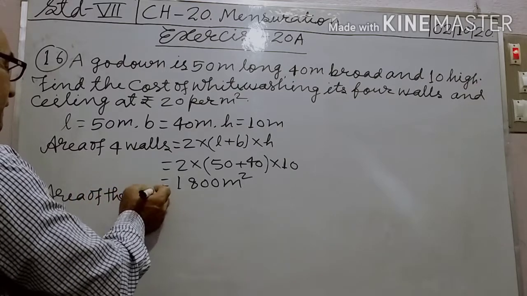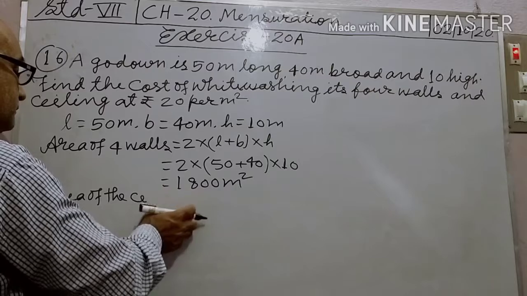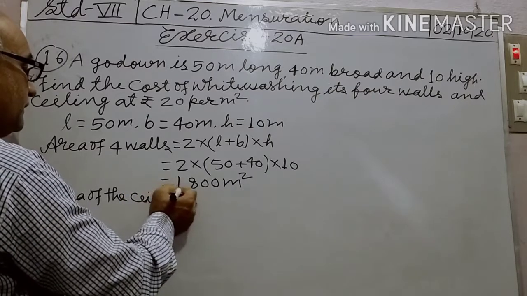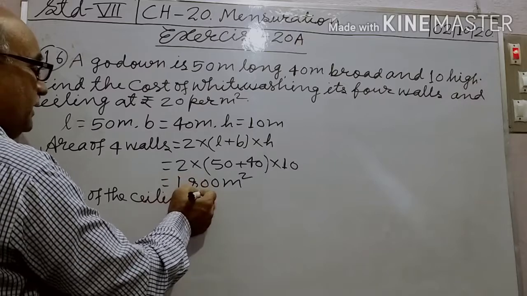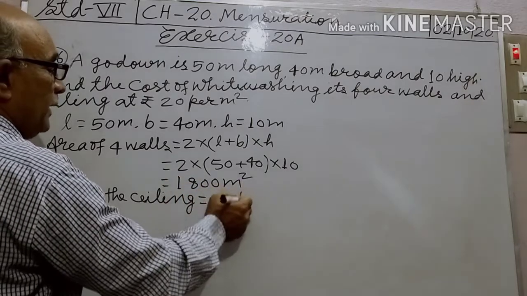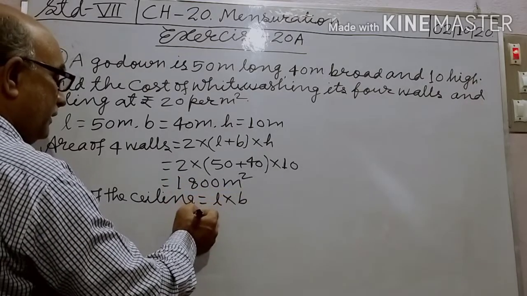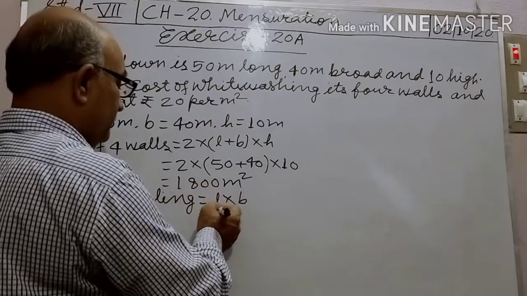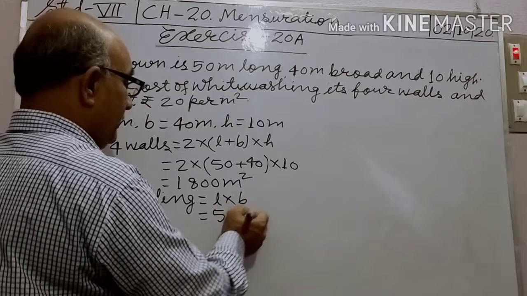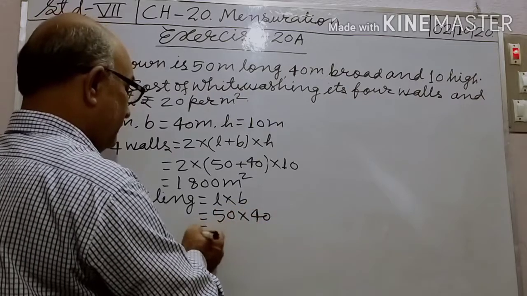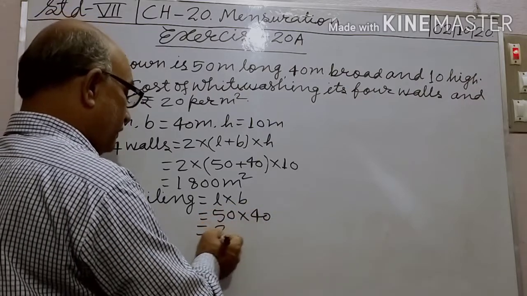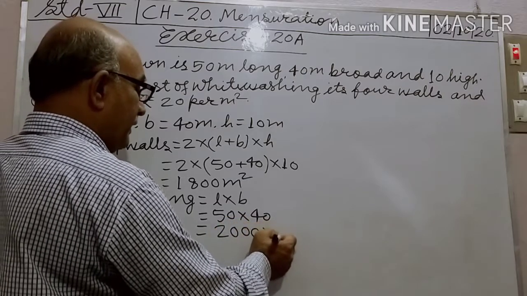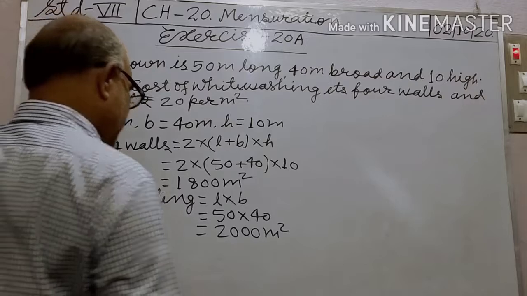Now find the area of the ceiling. Area of the ceiling equal to L into B, equal to length 50 into 40 meter square, equal to 5 4s are 20 and double 0, 2000 meter square.